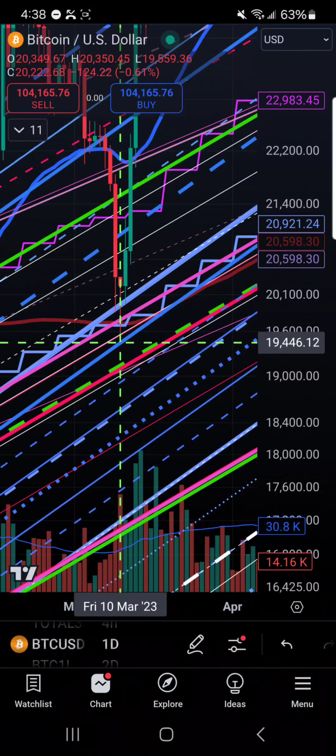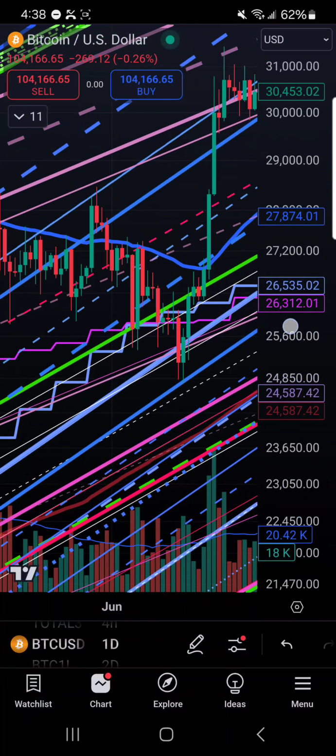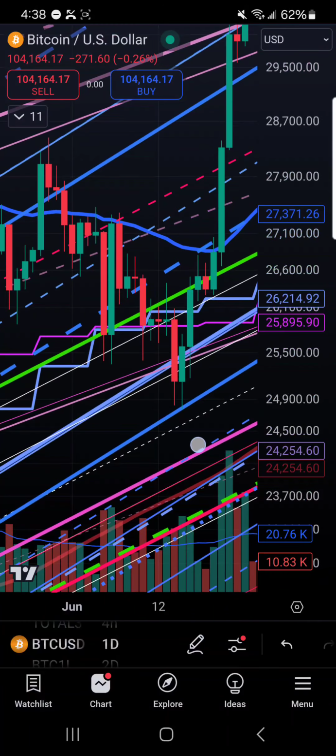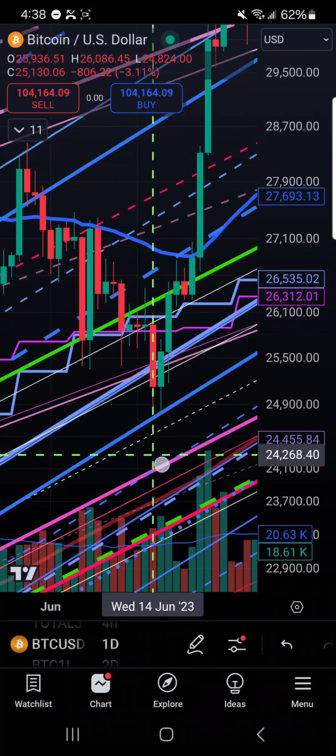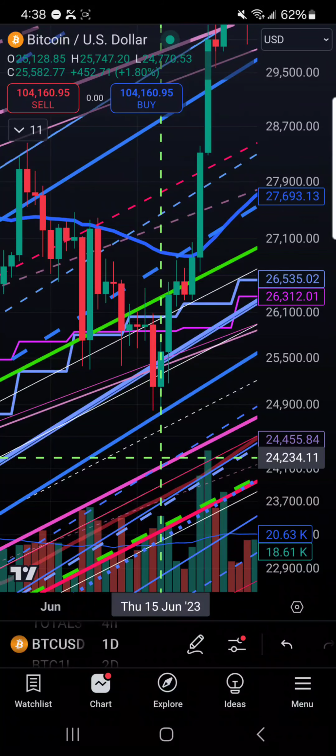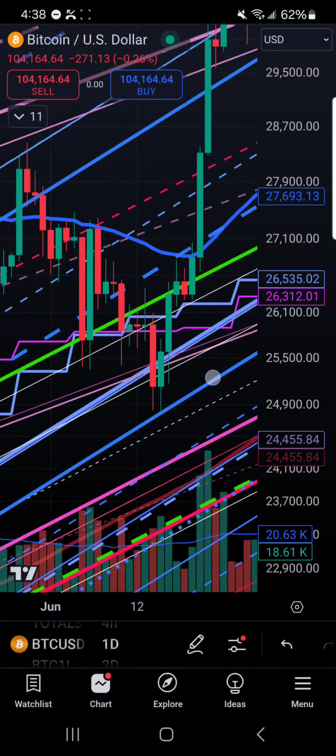And then we rallied upwards again, and we came back down and held this blue line of support right here on the 15th of June 2023. Now remember, this is the top of our blue channel.